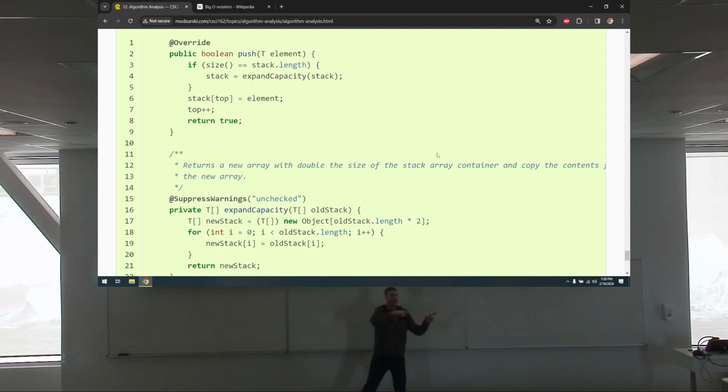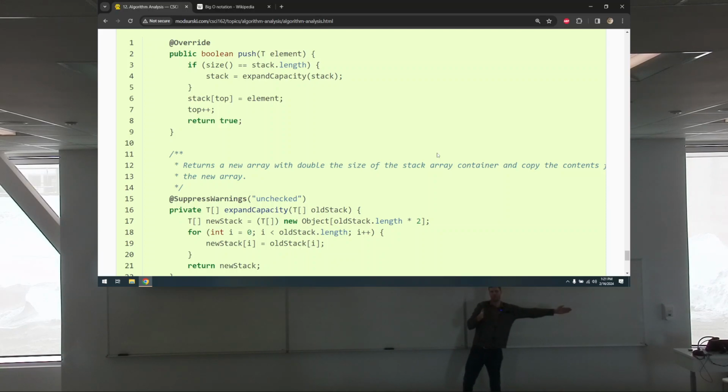So I can do what we call amortize that linear work, which means we just pretend that those n units of work we have to do, we spread out over the previous n pushes. So instead of each push taking constant time, it took 2 times constant, it's still constant time.